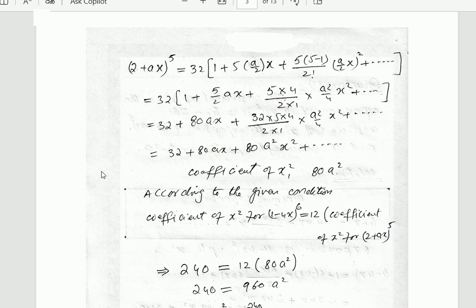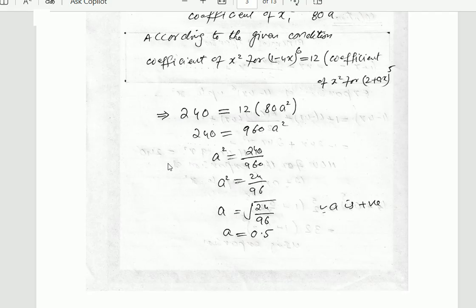According to the given condition, the coefficient of x square for (1 minus 4x) whole to the power 6 equals 12 into the coefficient of x square for (2 plus ax) whole to the power 5. The coefficient of x square in (1 minus 4x) to the power 6 is equal to 240, and for the other it is 80a square.